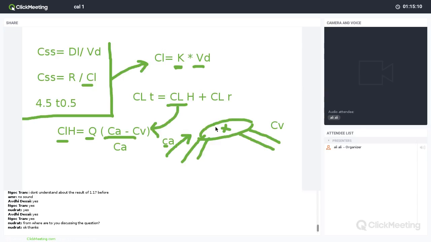Next session, inshallah, we will discuss in detail how to solve all of these questions. All of these questions are exam questions. Q is the hepatic blood flow, the amount of blood introduced to the liver per unit time. We will solve the questions for it in the next session.